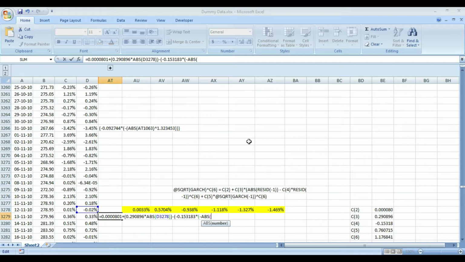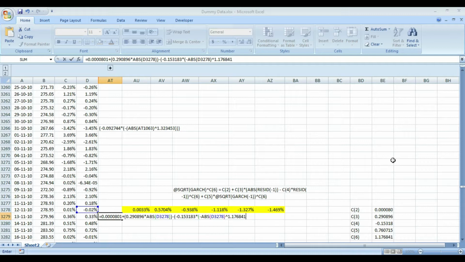And let's do some more modification. Apply absolute. Why I am doing this, I'll let you know. So absolute, then our residual n minus 1 as it says, right? And then to the power of C6, which is over here, that is 1.17681, right?